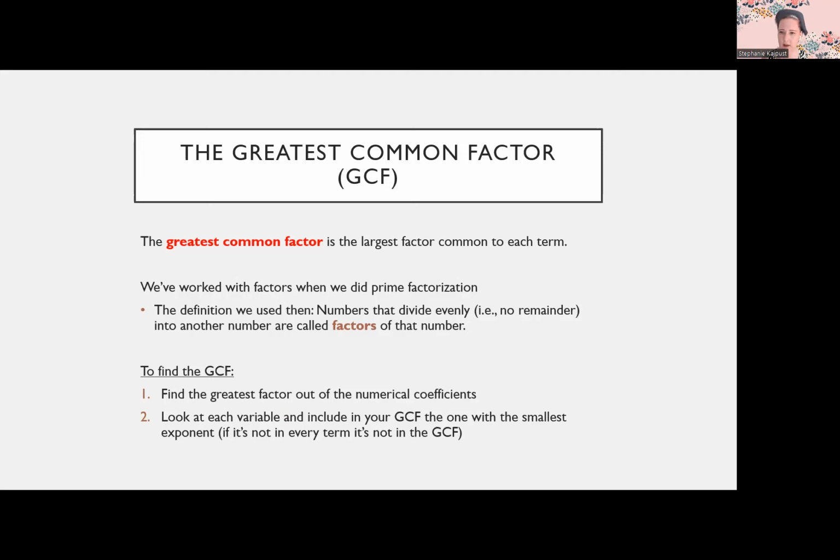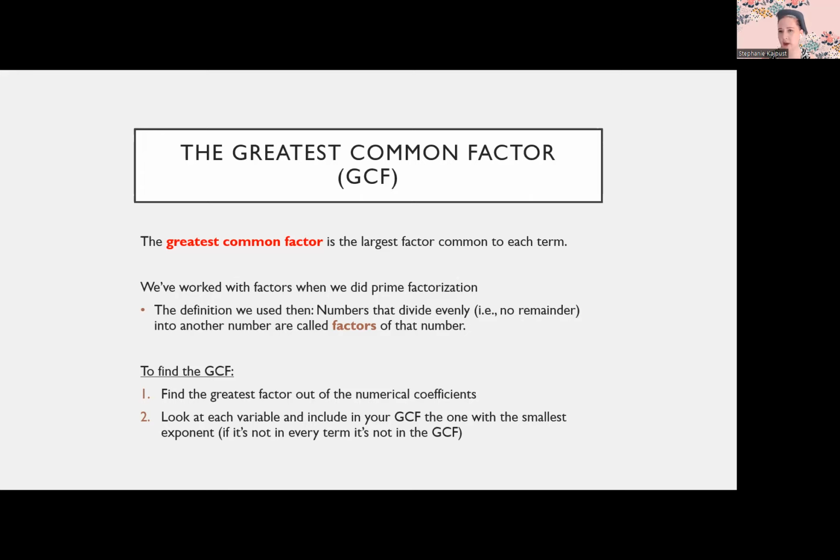When we did prime factorization way back in week 1, in my videos on simplifying fractions, we used prime factorization to help simplify fractions by figuring out what numbers are in common, what you can cancel out.